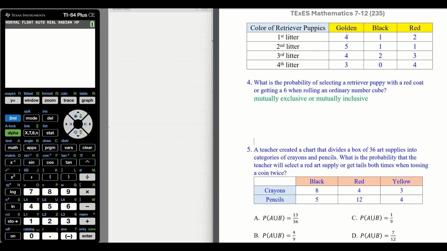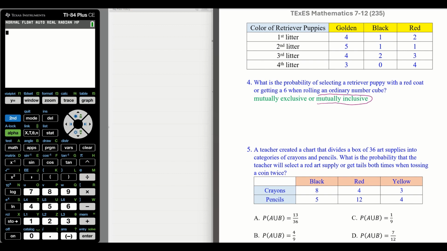Number 4, what is the probability of selecting a retriever puppy with a red coat or getting a 6 with a roll of an ordinary number cube? The first thing that we need to ask ourselves is, can we roll a number cube and select a puppy at the same time? The answer is yes, we can do that.